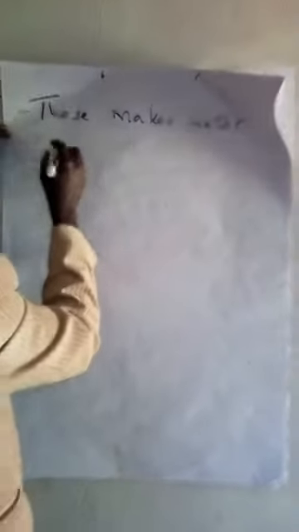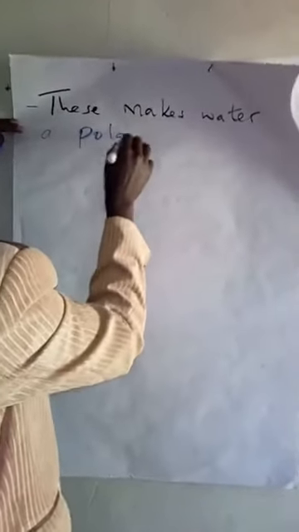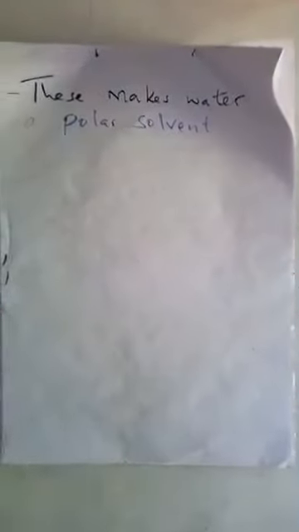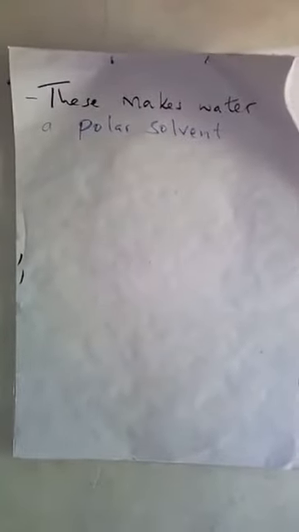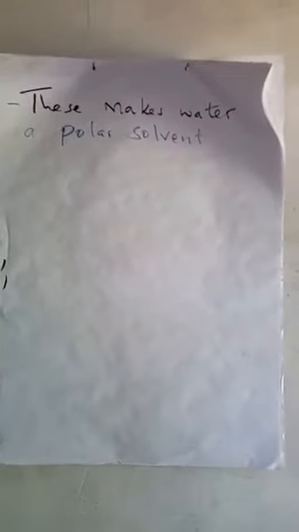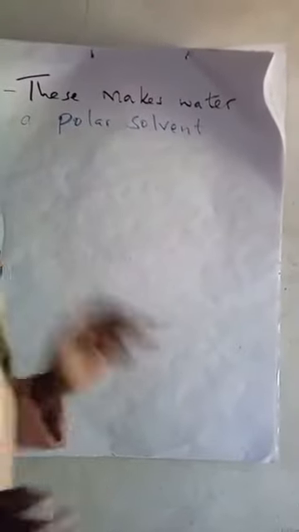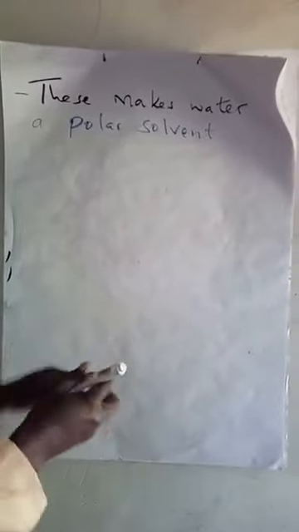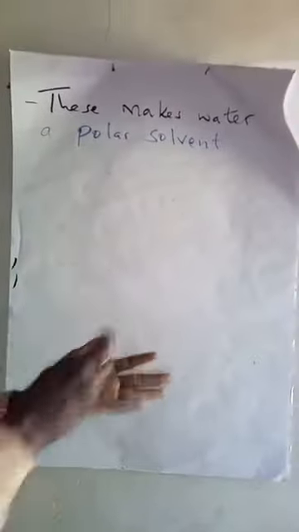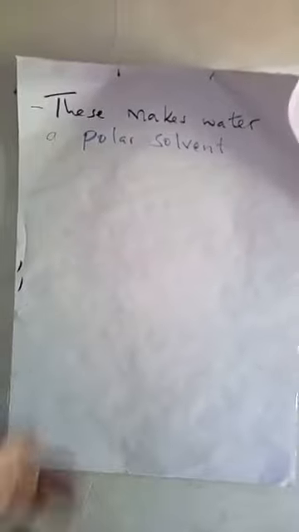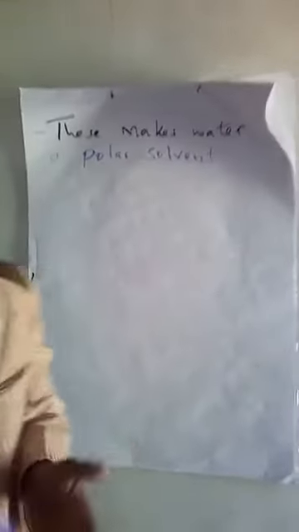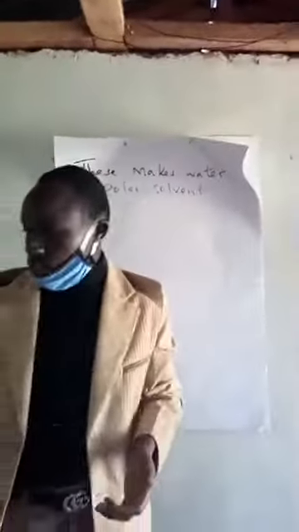This makes water a polar solvent. So it is a polar solvent because there are partial positive and partial negative charges there. So water is a polar solvent. So that is what we can say about polar solvents or hydrogen bond.